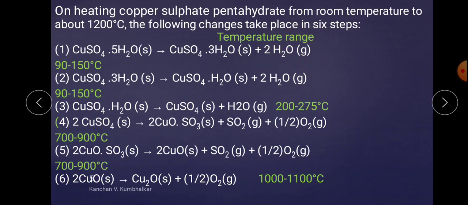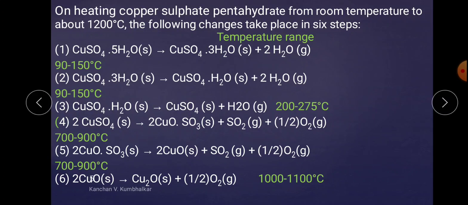The second reaction occurs in the same temperature range as a successive step: copper sulfate trihydrate is converted into copper sulfate monohydrate with the liberation of 2 moles of water in the gaseous state. So in the same temperature range, between 90 and 150 degrees Celsius, the pentahydrate is converted into CuSO4.H2O with the liberation of 2 moles of water molecules successively in two steps.